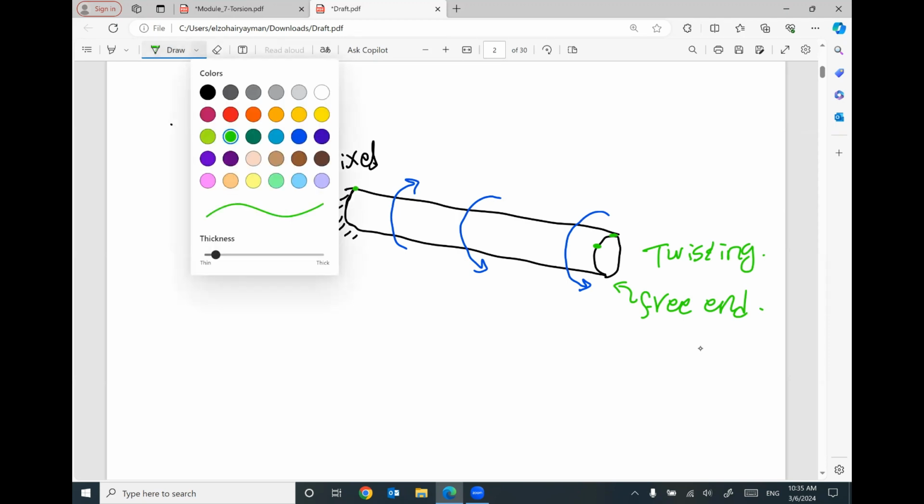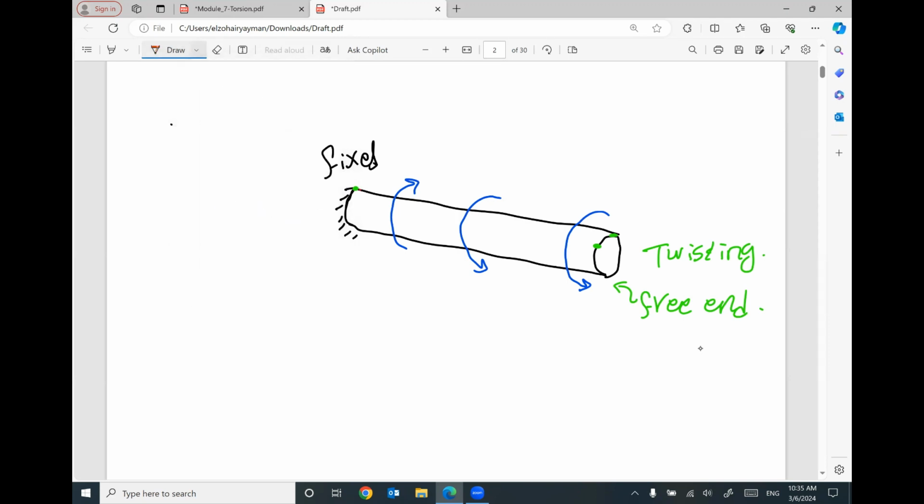If you make a line between this point and the same point at the fixed end, and then another line to the new position of the point here, we will have an angle, which is called phi, the angle of twist. That makes sense?